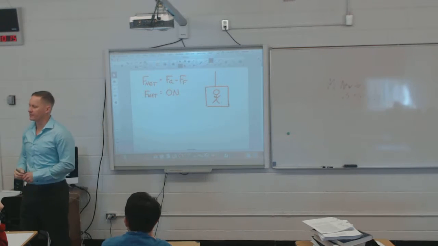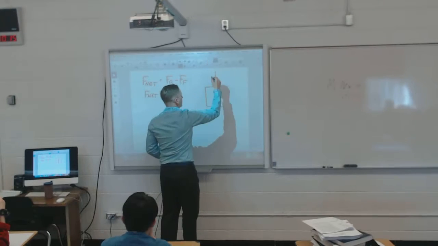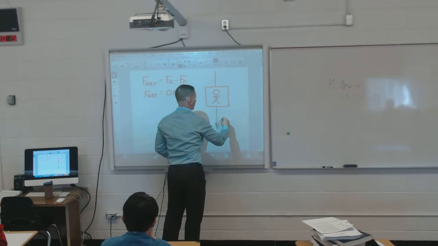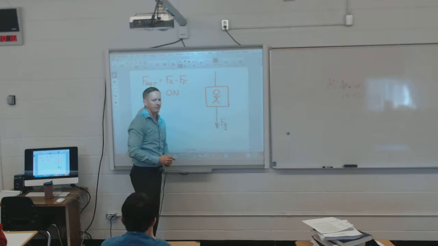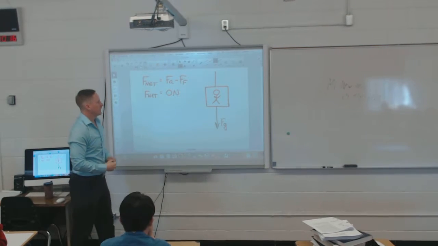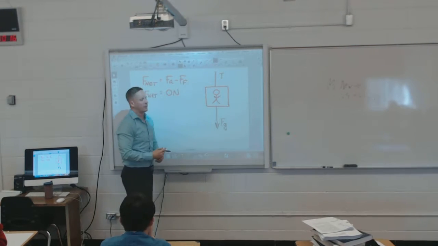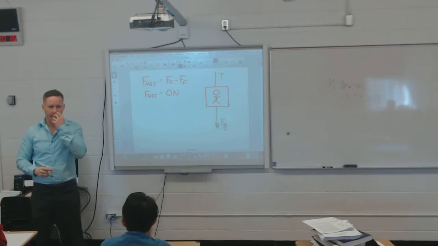Well, what's the first force acting on that elevator? Gravity. Force of gravity, working straight down, right? So there has to be a force that's opposing it. That force is the cable. And we're going to refer to that force as our tension force.